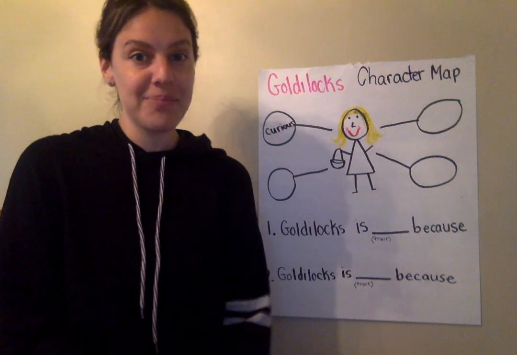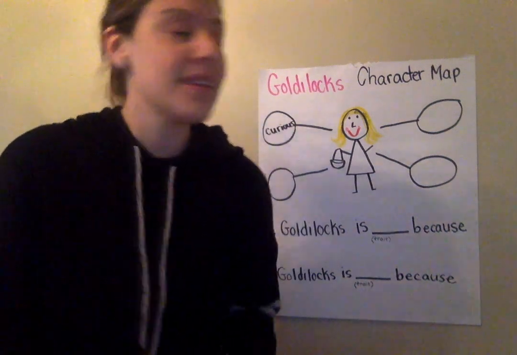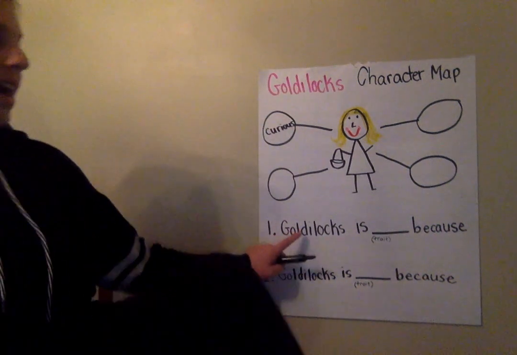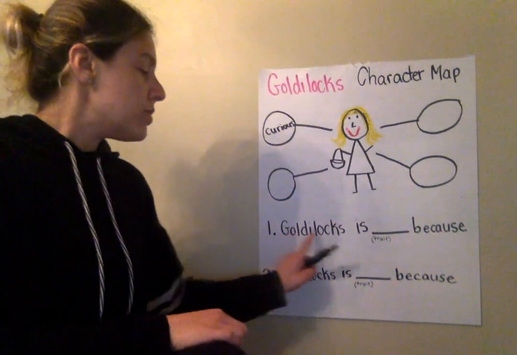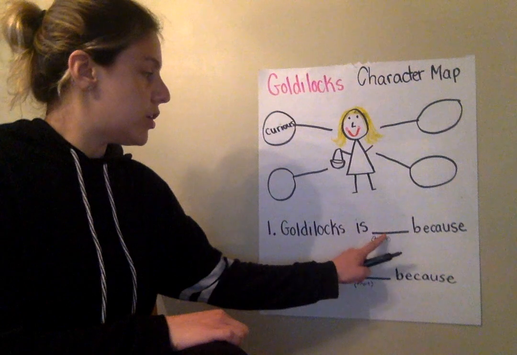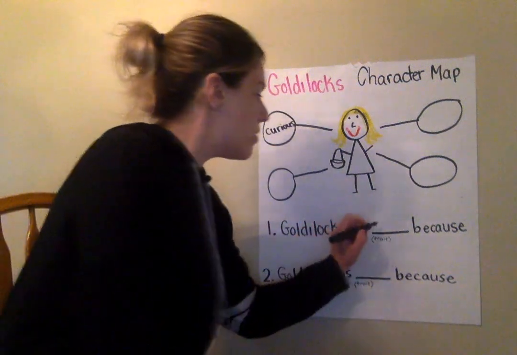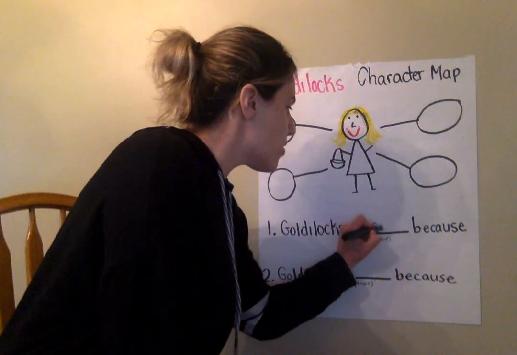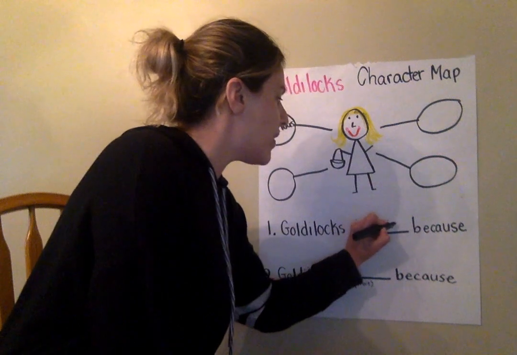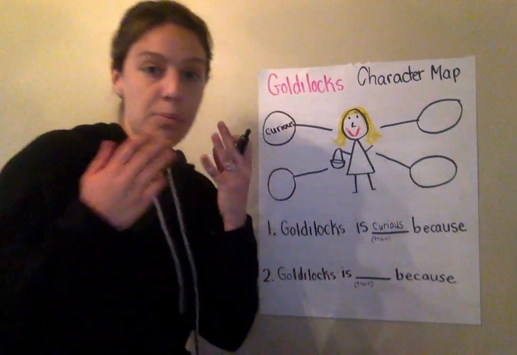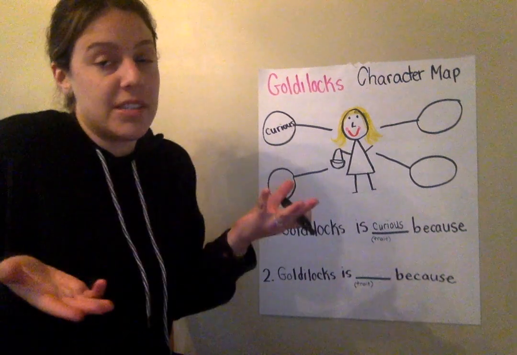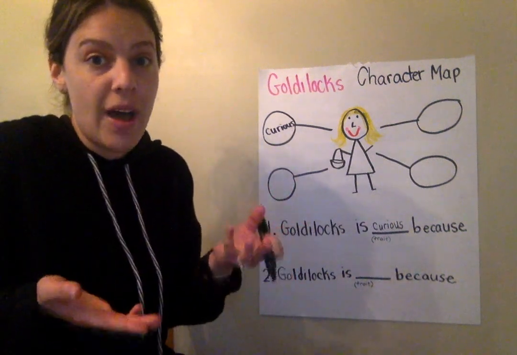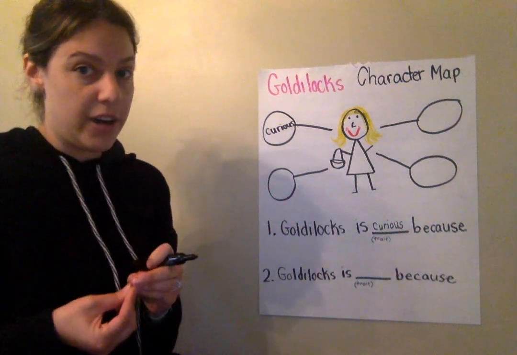Do you agree? Okay. I'm going to show you how to write a sentence like that. So Goldilocks is curious. There's the trait. I need evidence. I need to prove it. Prove why she's curious. You can't just say somebody's curious for no reason. You have to get the evidence why they're curious.